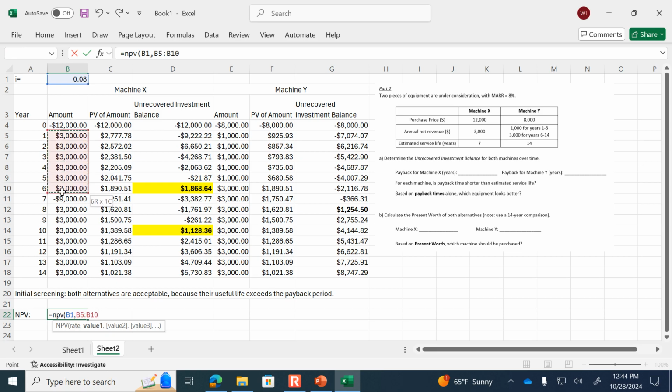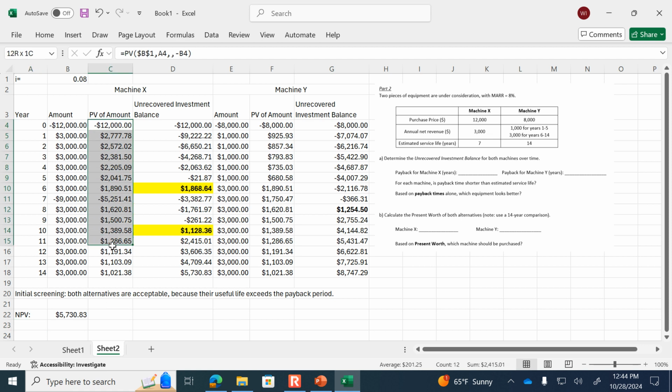So we'll put in the future amounts. It's converting them to the present, and then we add external to that the lump sum amount that's already at the present. So it's going to calculate $5,730.83.